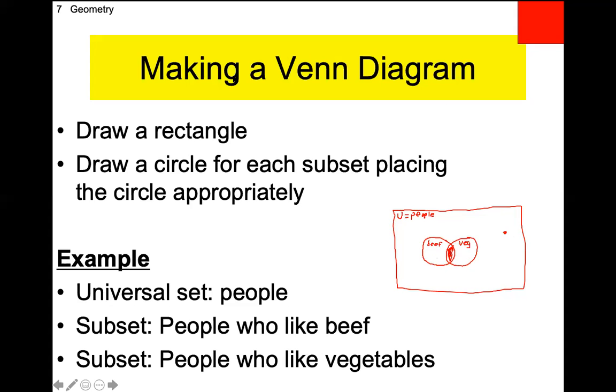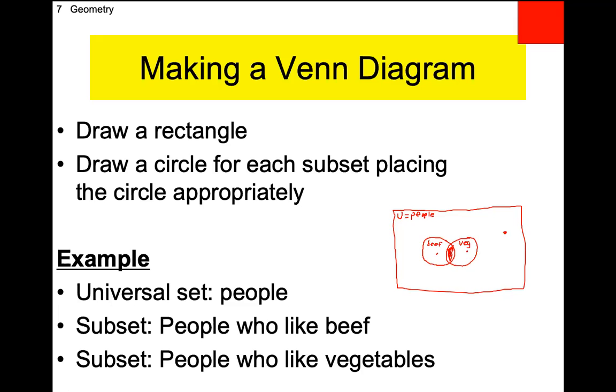And anyone who lives right here, what? They only like vegetables. And anyone right here? They only like beef. And this is why Venn diagrams are so popular, because they are intuitively a very quick thing to learn and understand. And they also convey a whole lot of information.